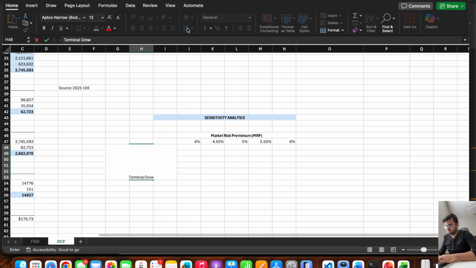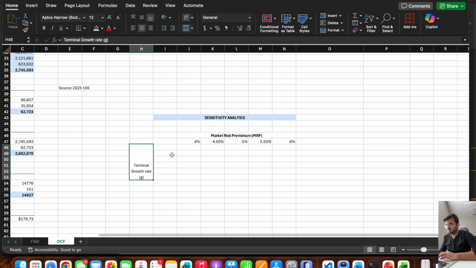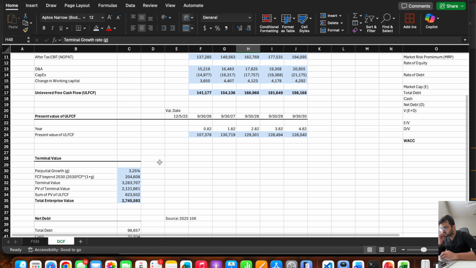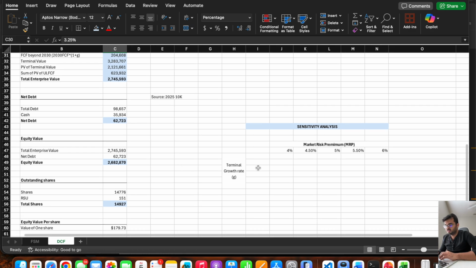Terminal growth rate, which is G. I would put this here. So now here I have considered 3.25%. I will put that in here.